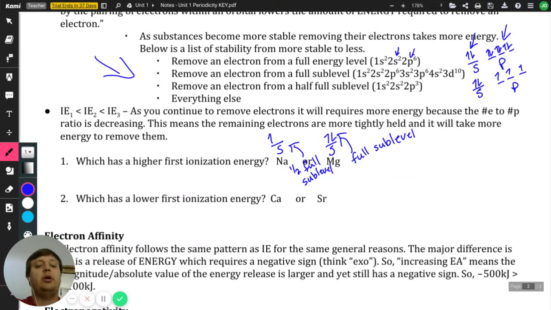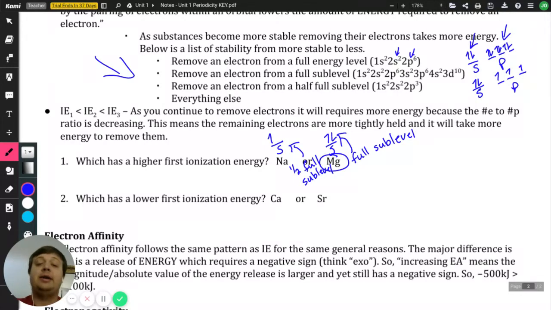So it's going to take more energy than half, but less energy than the full. And then if we've got a half full sublevel, it's going to take less energy than a full sublevel, but then it's going to take more than everything else. So this is half full, so it takes less energy. The magnesium is a full sublevel, so it's going to take more energy.